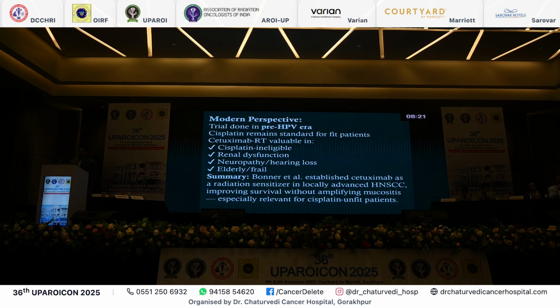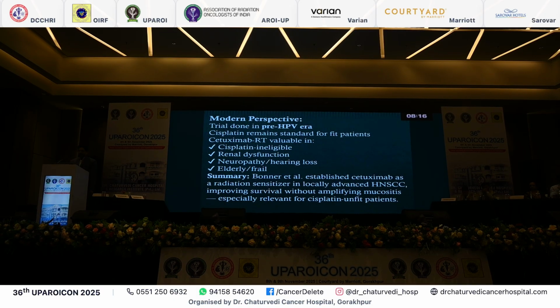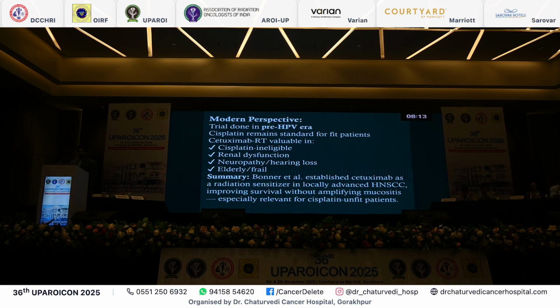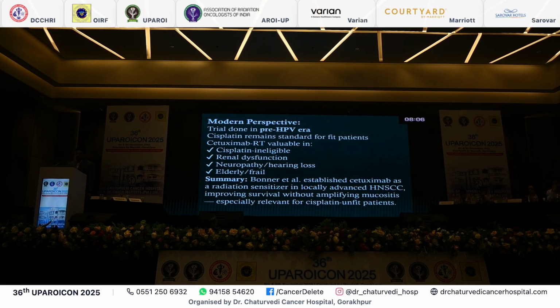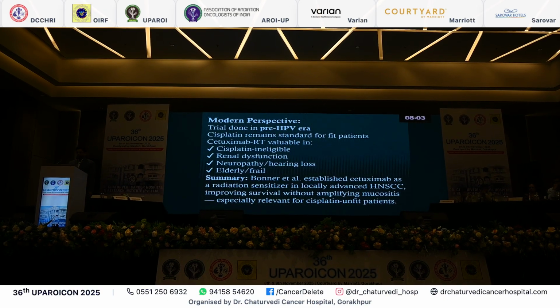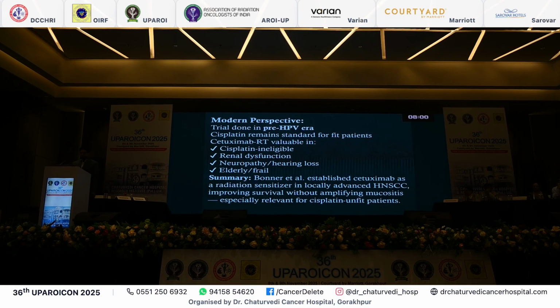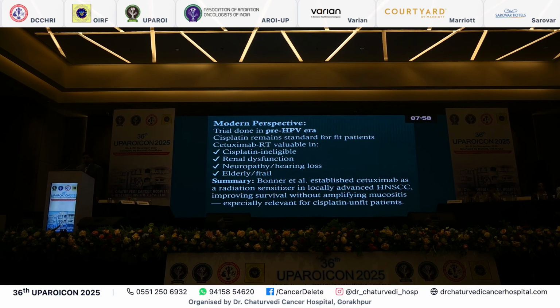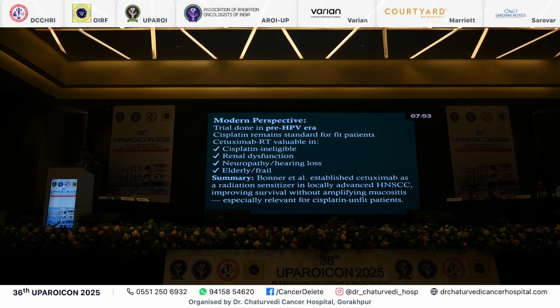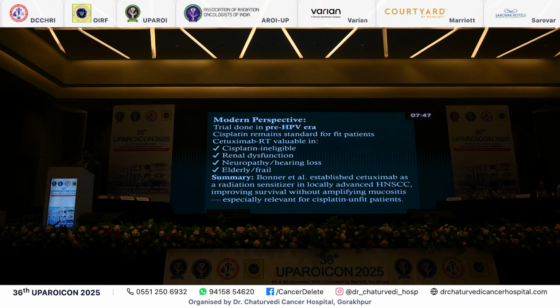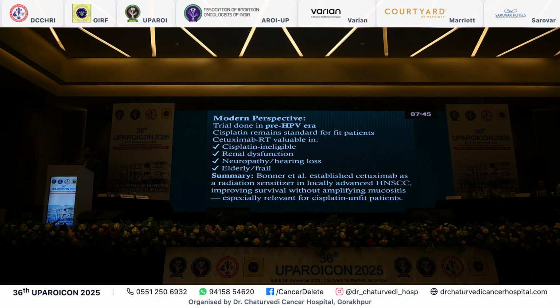So, in modern perspective, this trial was done in the pre-HPV era, and still cisplatin remains the standard for fit patients, but cetuximab plus RT is valuable in cisplatin-ineligible patients, renal dysfunction patients, neuropathy and hearing loss patients, and elderly frail patients. So it has established cetuximab as a radiation sensitizer in locally advanced head and neck cancer, improving survival without amplifying leukocytes, especially relevant for cisplatin-unfit patients.